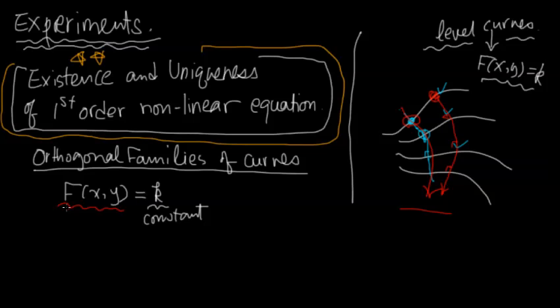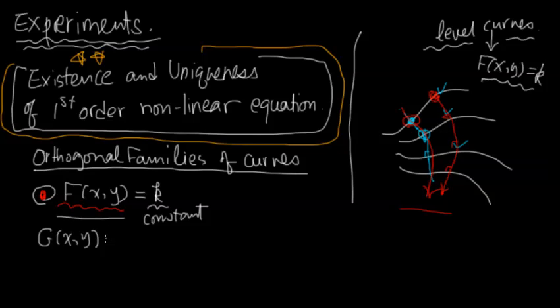So the question is, given, let me change the color. Given this family of curves, is there another family of curves like this? Every time I go back here, I start at a different point, and I have different curves here. So it's also a family of curves.